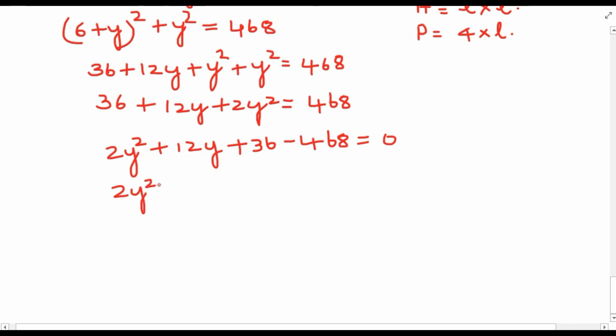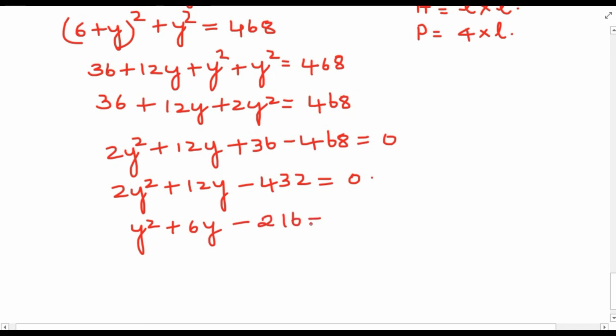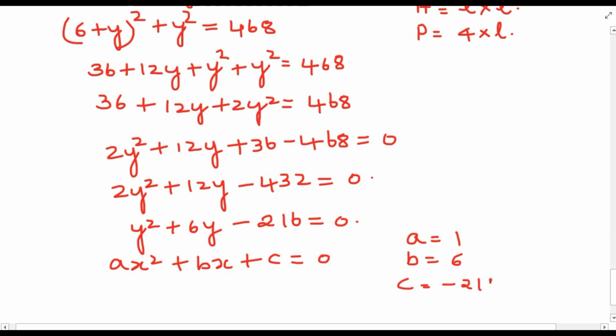So 2y square plus 12y minus 432 equal to 0. Since 2 is common, I can write y square plus 6y minus 216 equal to 0. This is in the form of ax square plus bx plus c equal to 0, where a is 1, b is 6 and c is minus 216.